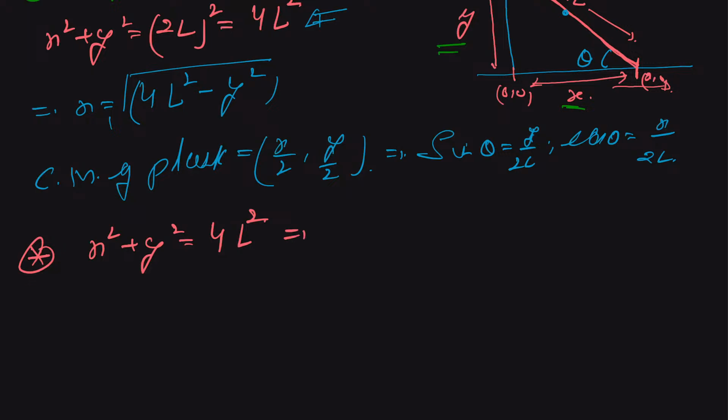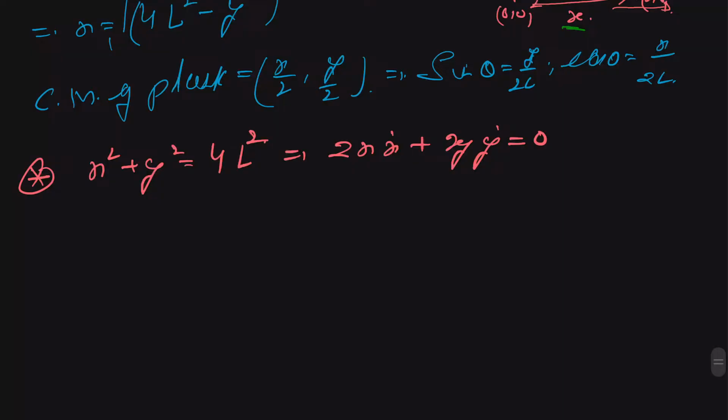Differentiating, we get 2x x dot plus 2y y dot is equal to 0, where dot basically means velocity. So y dot will be equal to minus x upon y times x dot. And we are going to differentiate again.